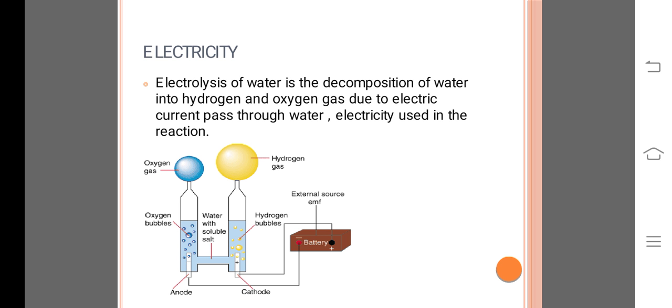So basically what is electrolysis? When you form hydrogen and oxygen separately from the water, that is known as electrolysis. And how is it done? It is done with the help of electricity. So this is an example of a chemical reaction, because in this reaction from water you make two completely different products.